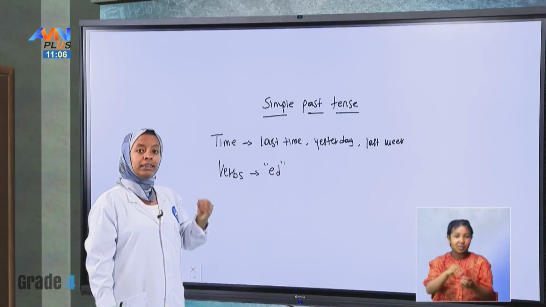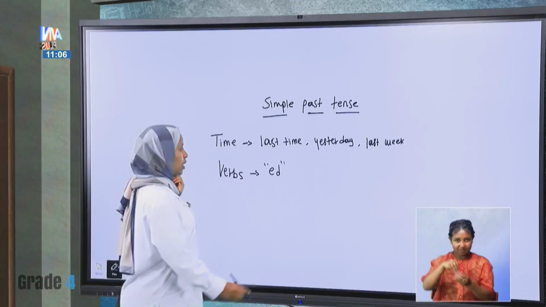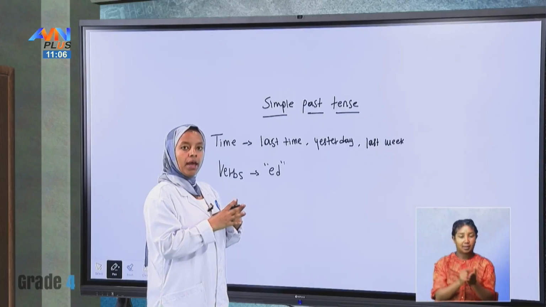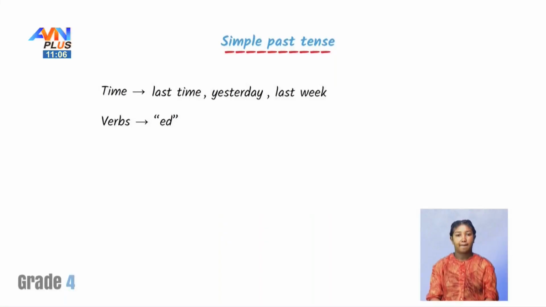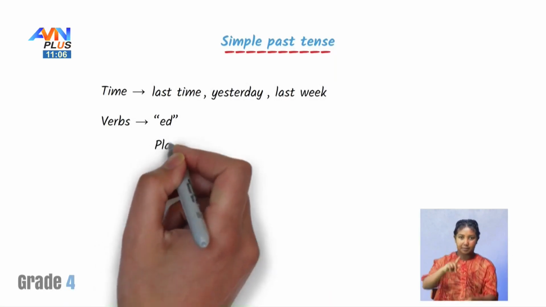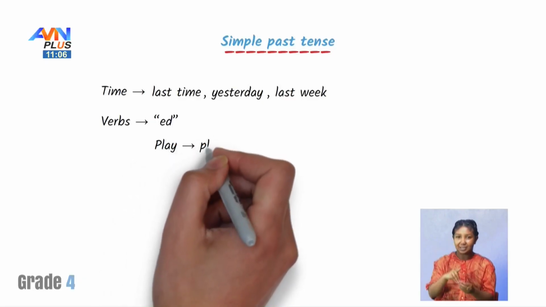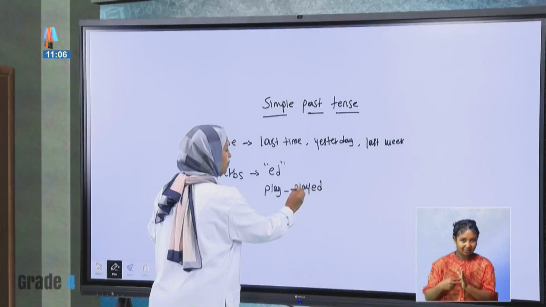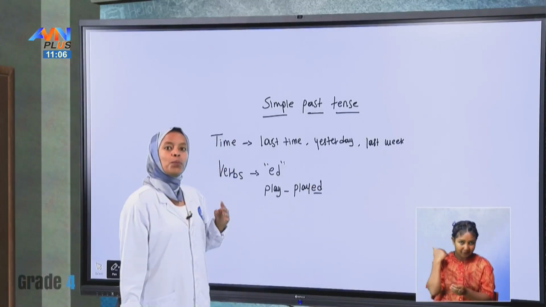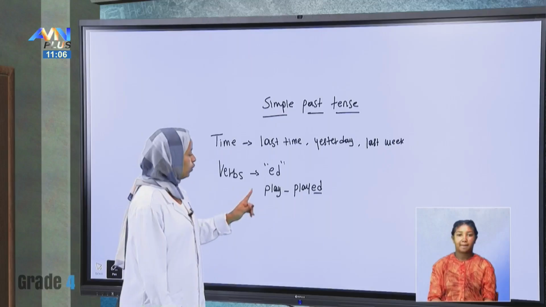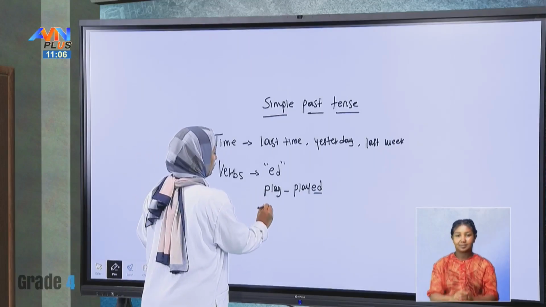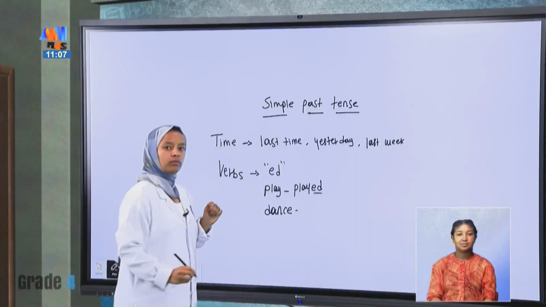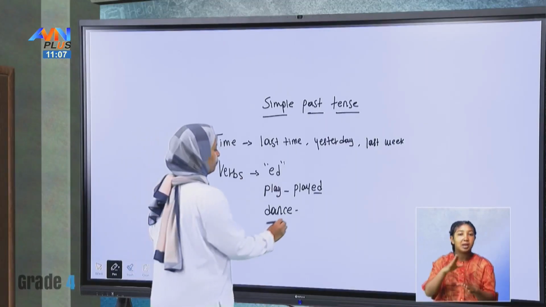For example, played. Adding what at the end of the main verb? ed. Look at the next example: dance. What can we add? Danced.